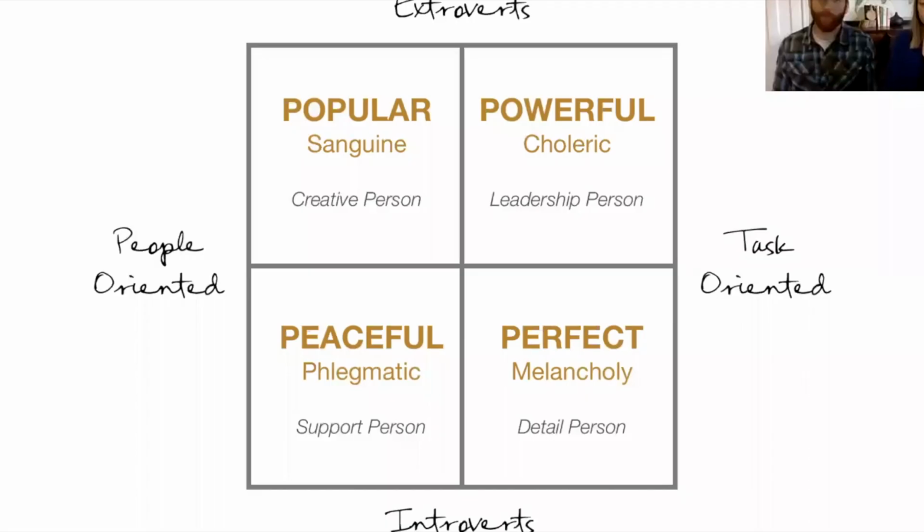So when you were taking this test, you might have seen that you weren't 100% in one, you might have been 2 or 3. So when I took this back in the day, 9 years ago, whenever it was, I was, of course, where I am now, but I also had quite a bit in the perfect melancholy and the popular sanguine.